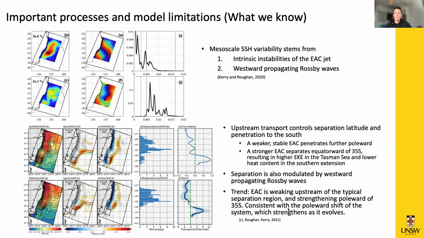In terms of long-term trends, we've seen that the EAC is weakening upstream of the typical separation region and strengthening poleward of the typical separation region, consistent with the poleward shift of the system, which strengthens as it evolves poleward.